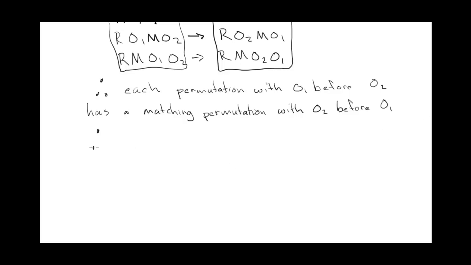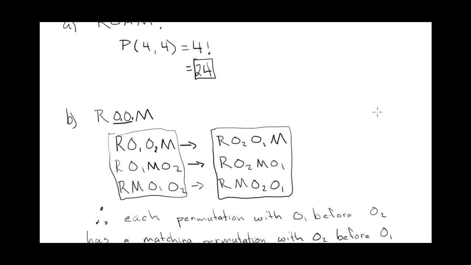So therefore, half the arrangements, or half the permutations, are duplicates. Right? Since half of them have O1 before O2, and the other half have O2 before O1, and they each match up, they are duplicates. So if half are duplicates, then what do we have to do with this number 24?